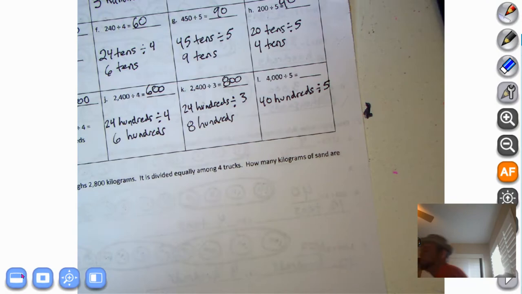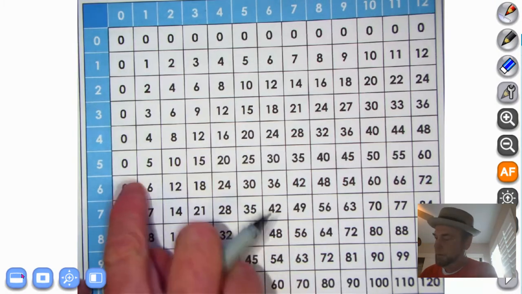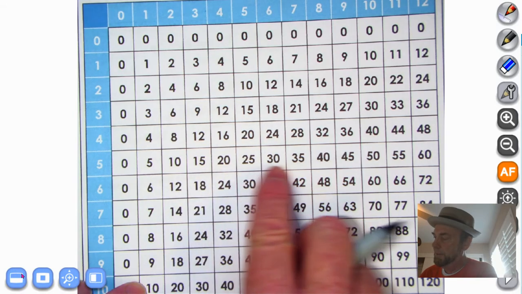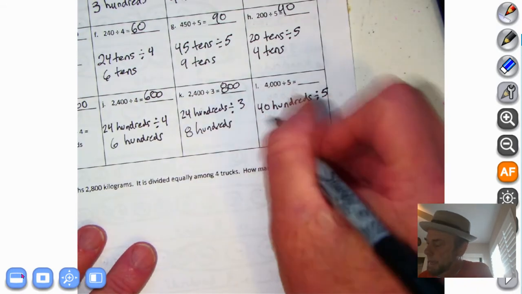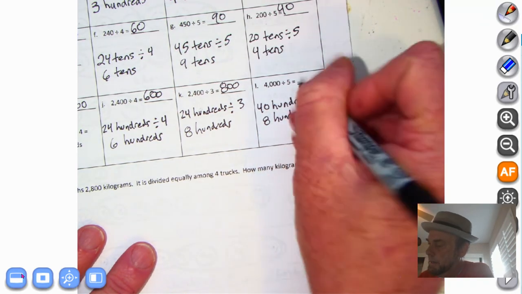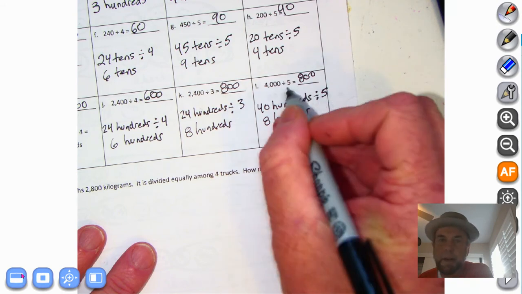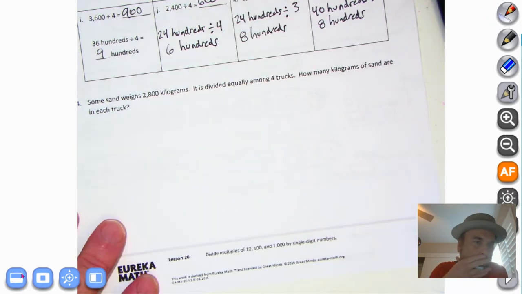Let's take a look. Go back to our 5s. 0, 5, 10, 15, 20, 25, 30, 35, 40. Yep, it is 8. But 8 what? 8 hundredths. So we have 800 5s and 4,000 are 40 hundredths. Ta-da!